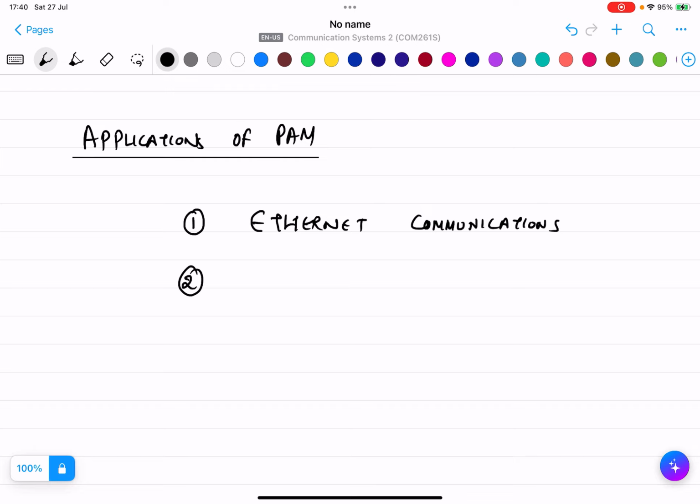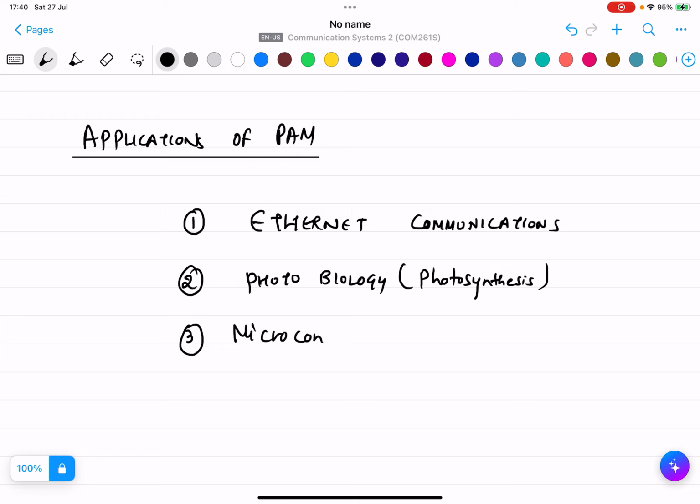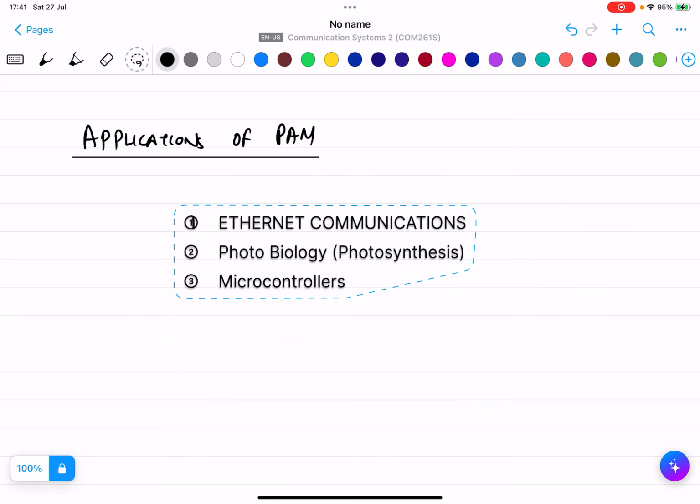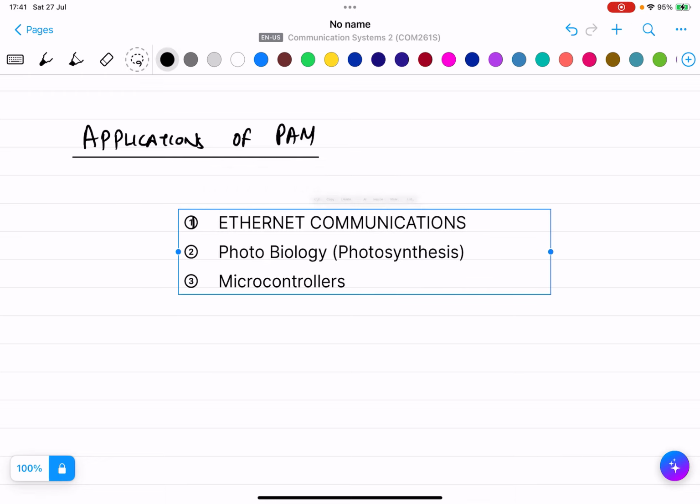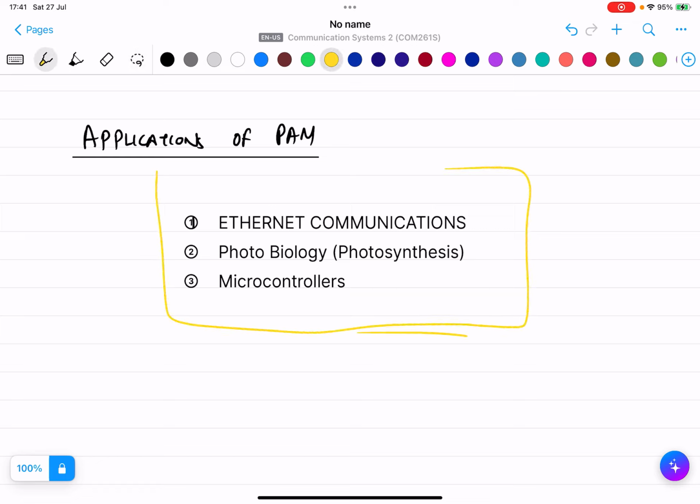Second one is photobiology, that means when someone studies photosynthesis. And third one is many microcontrollers use it. So these are the three application areas where it is used: Ethernet communication, photobiology, and microcontrollers. So this is the application of PAM.